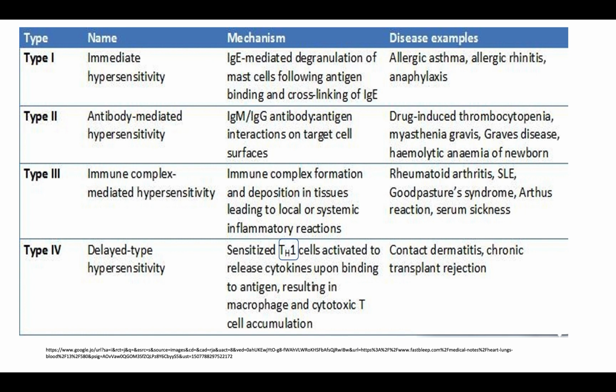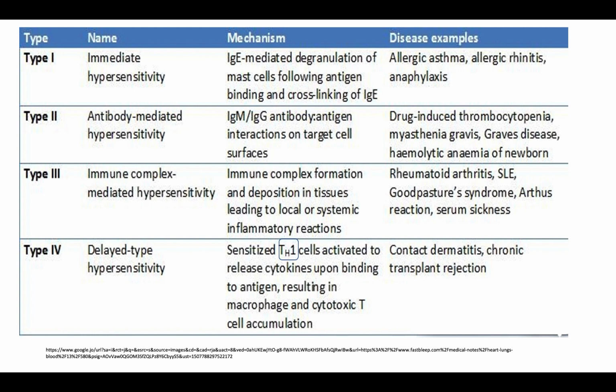Type 4 is sensitized Th1 cells activating cytokines, resulting in macrophage and cytotoxic T cell accumulation, which is the normal cellular response, your Th1 response basically. This is also called the delayed hypersensitivity reaction because it can also be made against certain allergens.